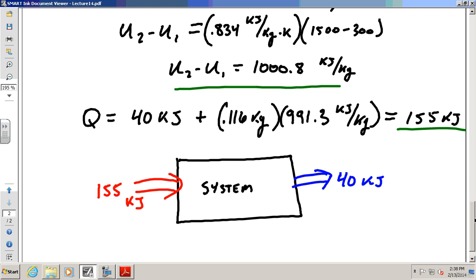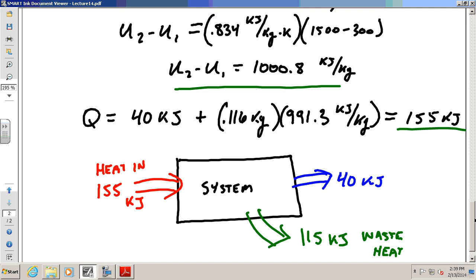Yeah, we lost it. It was wasted heat. Okay? So the other 115 kilojoules here was wasted heat, called waste heat. Okay. This is heat in, and this is work out.